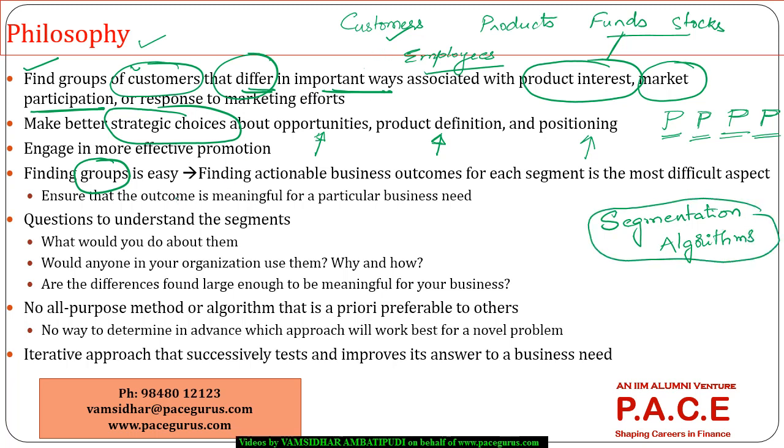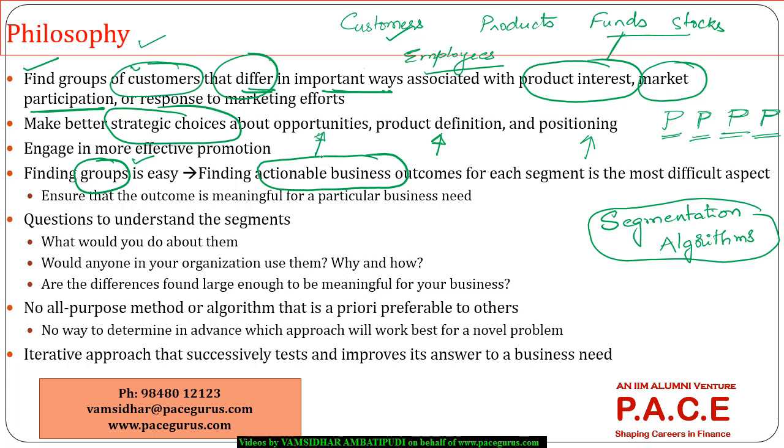So dividing the data into groups is not a big difficulty, but finding the real actionable business outcomes is. How do I really differentiate within these groups with respect to my business objectives? So, what is the difference between segment 1 and segment 2 with respect to the buying behavior?